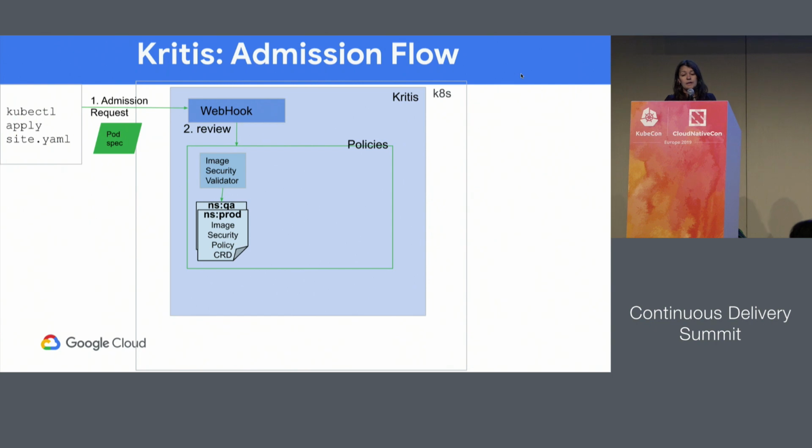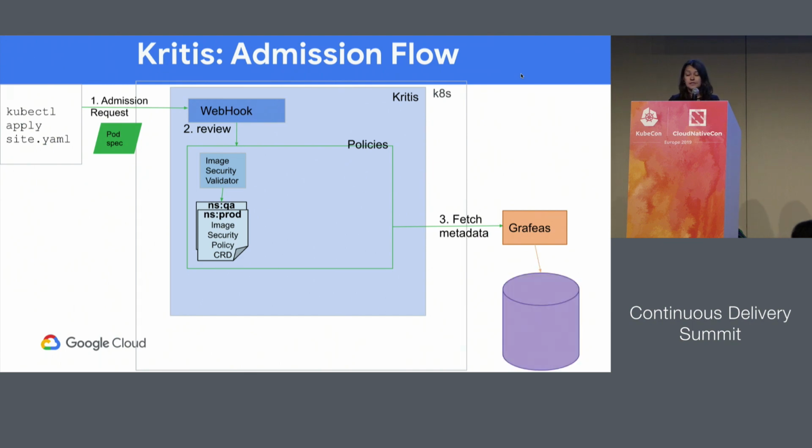So now, the image security validator will be used to actually enforce those policies. And we'll fetch metadata for the vulnerability. The image security policy describes what vulnerabilities we are willing to tolerate on any given image that we're about to deploy. And so we'll fetch metadata from Grafeas about vulnerabilities.